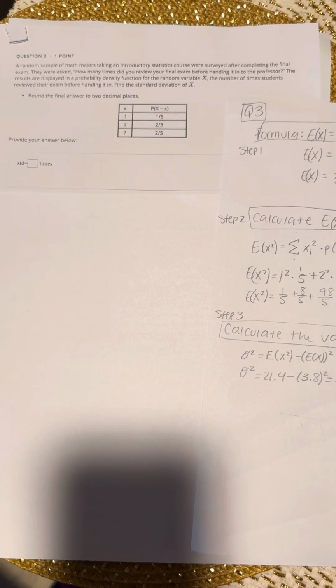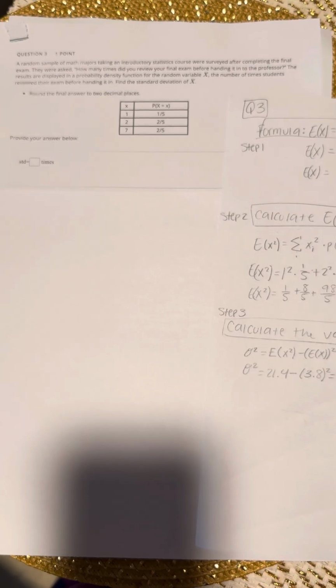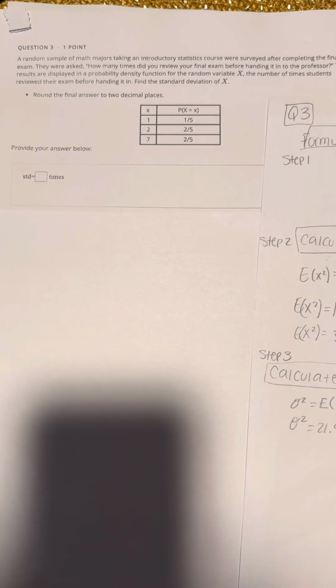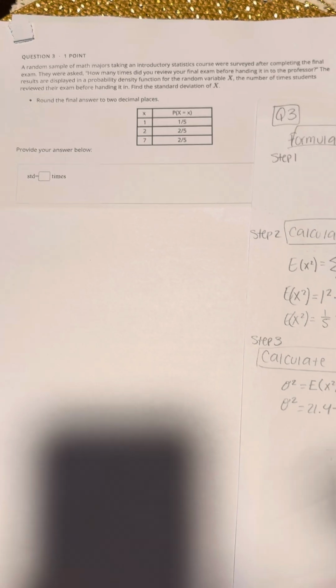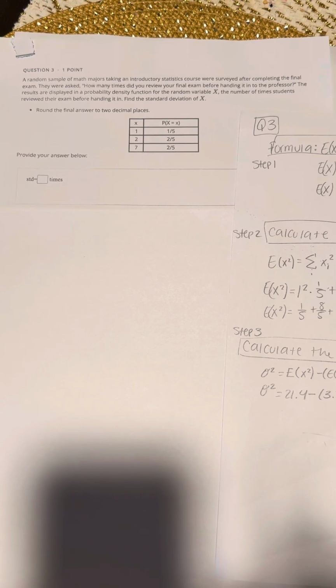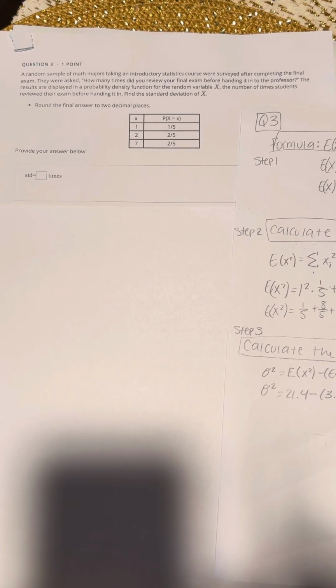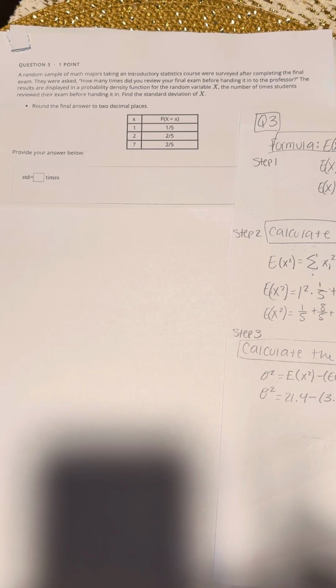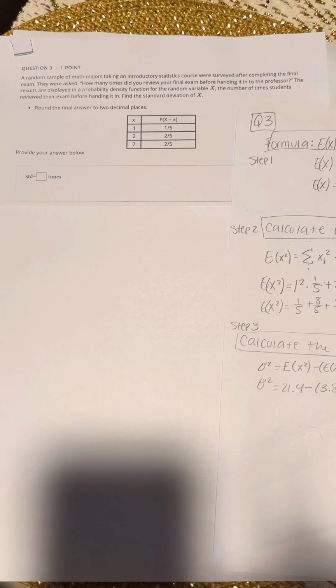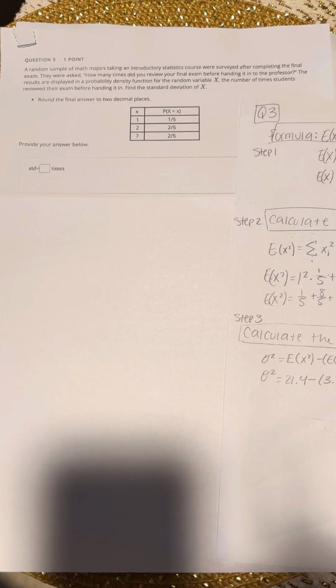And then for question 3, it says a random sample of math majors taking a statistics course were surveyed after completing the final exam. They were asked how many times they reviewed their final exam before handing it in to their professor.